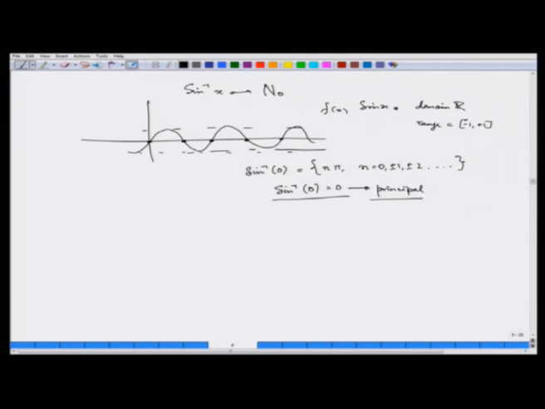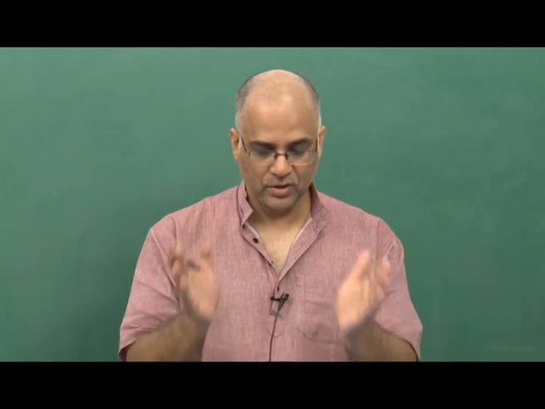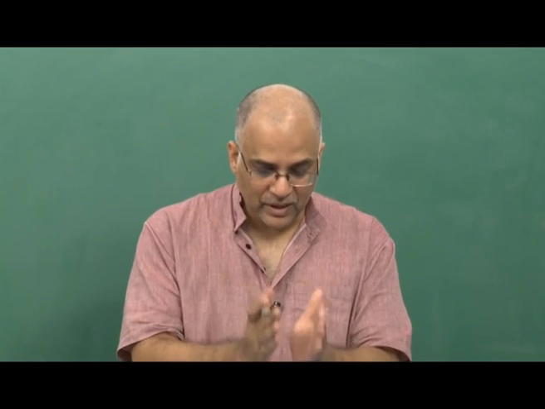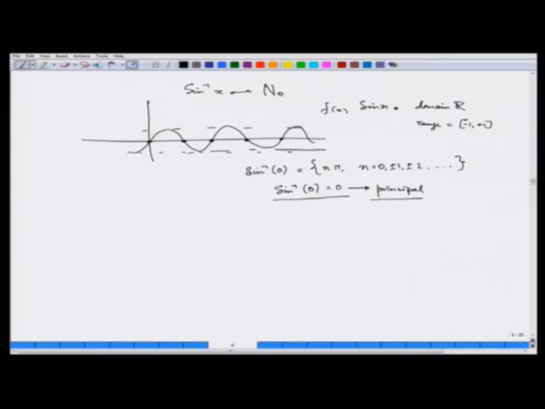Inverse trigonometric functions can never be functions; they are always so-called set valued maps. When we write sine inverse x equal to y, we are essentially talking about only one of these values, the first value or the base value, which is called the principal value.